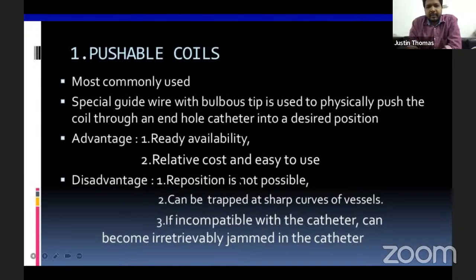It is readily available and cheap compared to detachable coils. Once it is deployed, repositioning is not possible, and it can get trapped in sharp curves. That is a disadvantage of the pushable coil, and if it is not compatible with the catheter, it can get jammed.